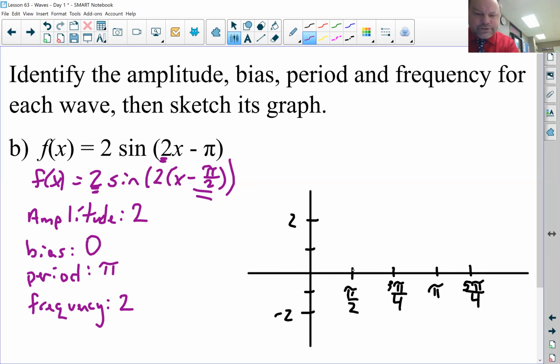And so this one is going to go up, down, up, and that would be our graph.